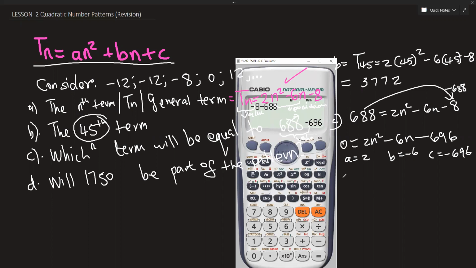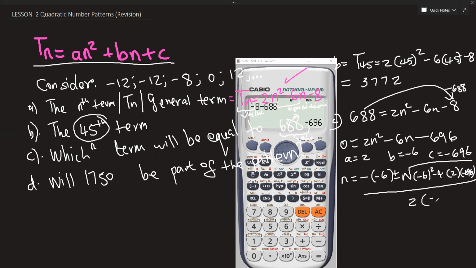So n is going to be equals to negative B, which is negative 6, plus minus the square root of negative 6 squared minus 4AC, all over 2A.